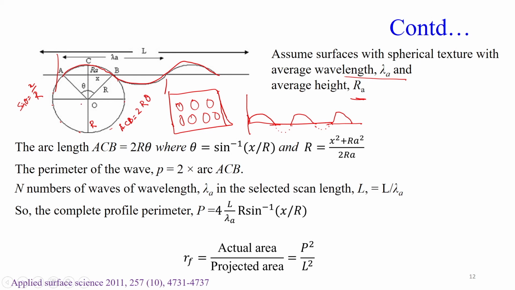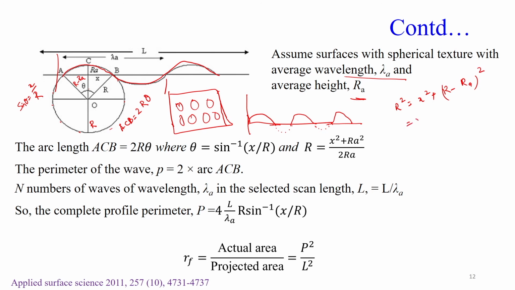So, we should be able to calculate theta is equal to sin inverse x upon r, and if you want to calculate the r, again considering this as a 90 degree, if you apply this theorem, it says that r square is equal to x square, and this length is again r minus R A. So, r square is equal to x square plus (r minus R A) whole square.